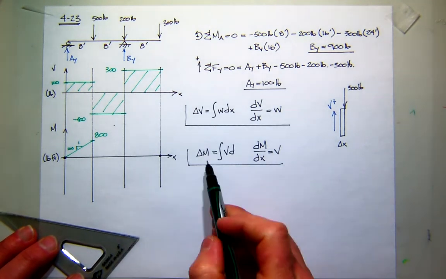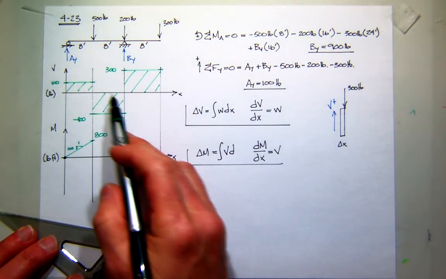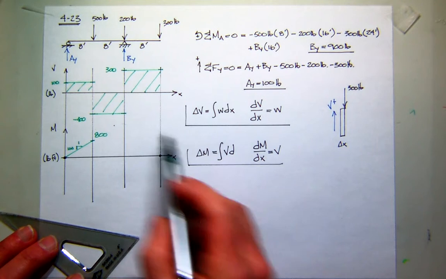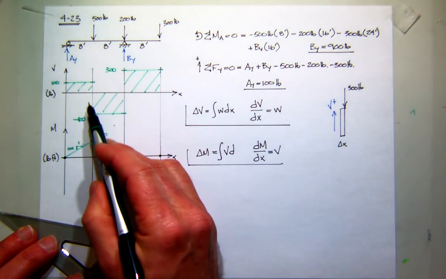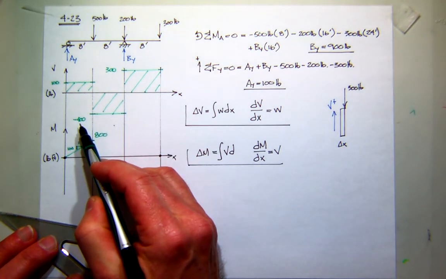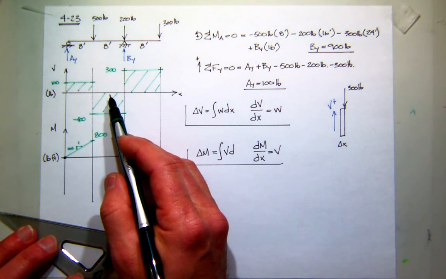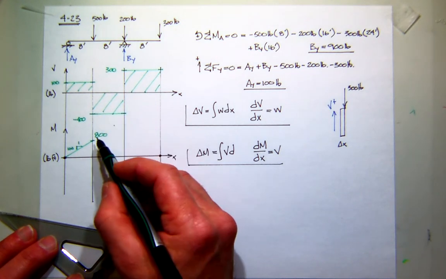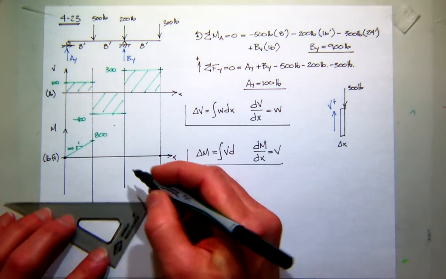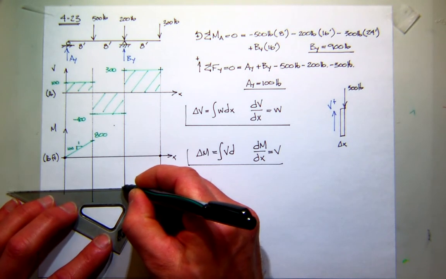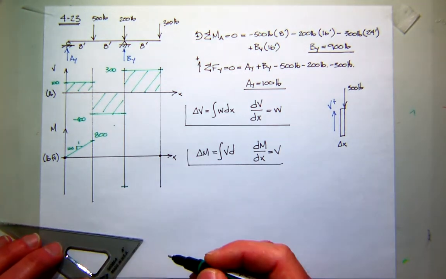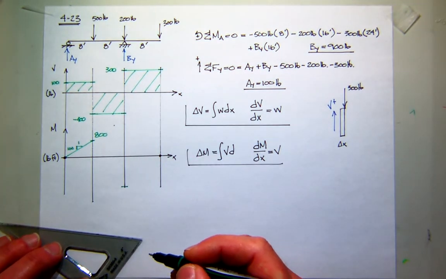Now the change in moment over the next 8 feet is the area in the shear diagram. What's the area in the shear diagram here? Well, it's a rectangle, so it's minus 400 times 8, which is negative 3,200, right? 800 minus 3,200 is what?